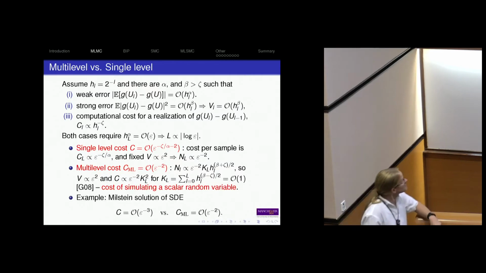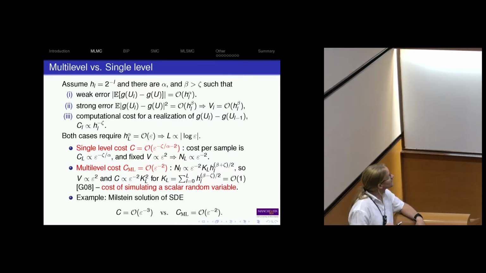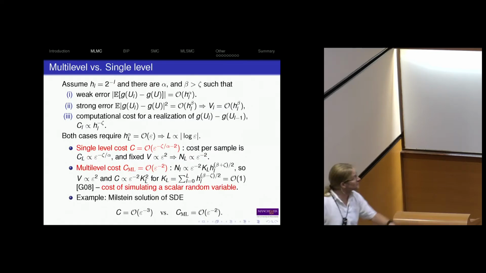The multi-level cost, on the other hand, so for multi-level, we're going to choose these NLs for little l from 1 to big L to be of this form, and that will ensure that we have a variance of epsilon squared, and then we'll be able to represent the total cost like epsilon to the minus 2 times KL squared, where KL is this sum of terms like this, related to the way that NL looks here.